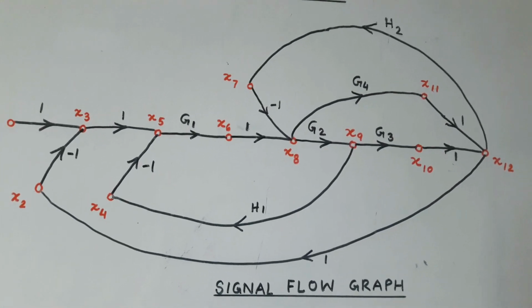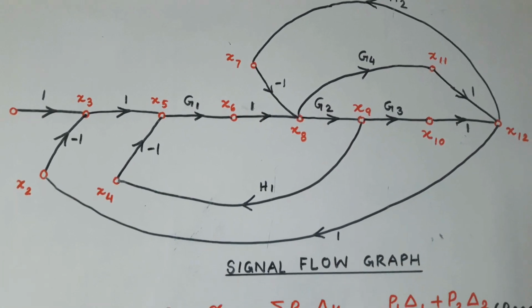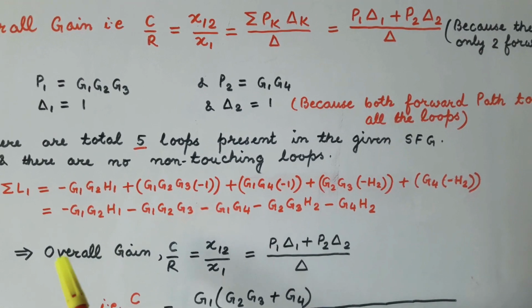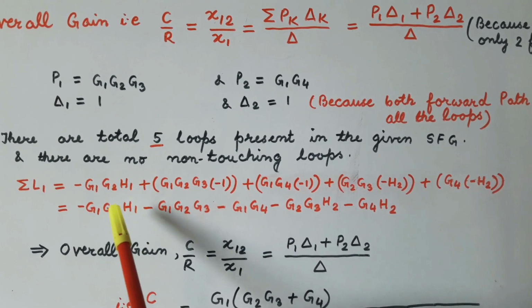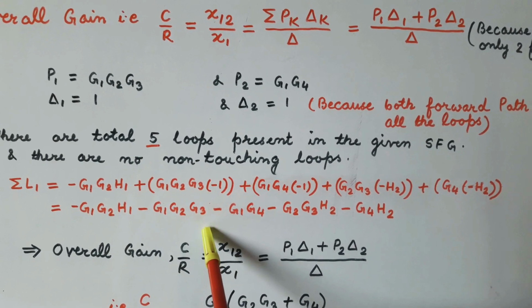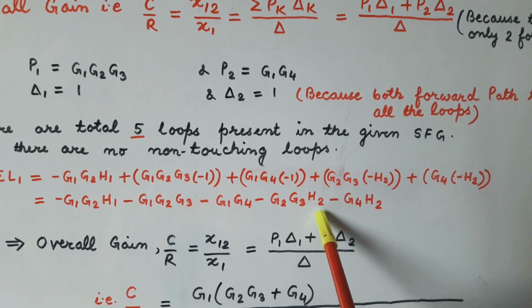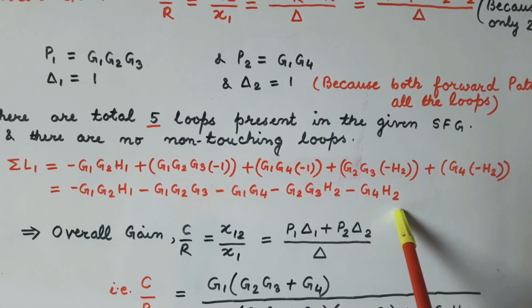We will find the loop gains of all the loops, and summation L1 will be equal to minus G1 G2 H1 minus G2 G3 minus G1 G4 minus G2 G3 H2 minus G4 H2.